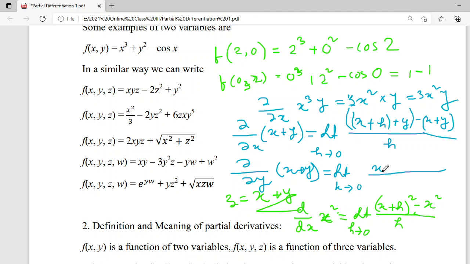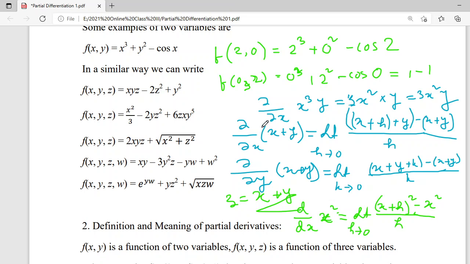So x, then add k to y, then minus x plus y, as y is changing, divided by k. So x is unchanged.